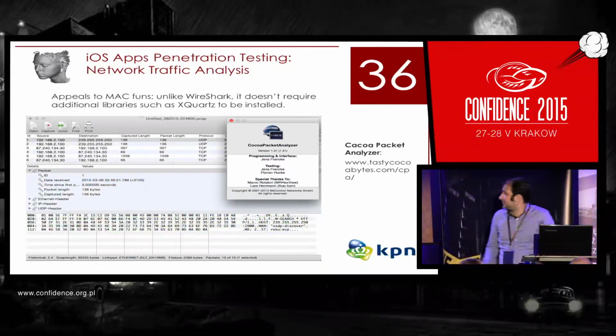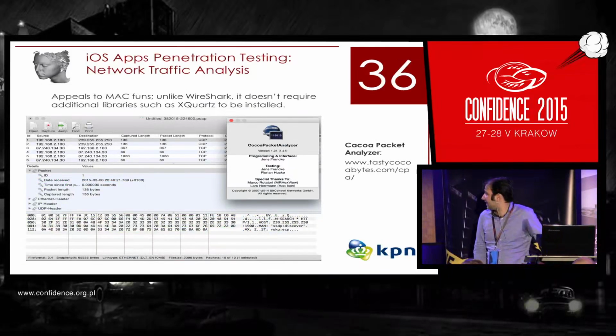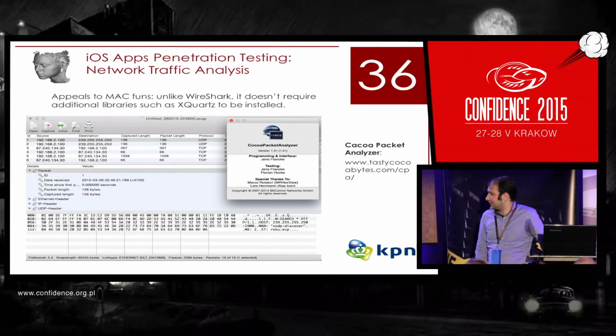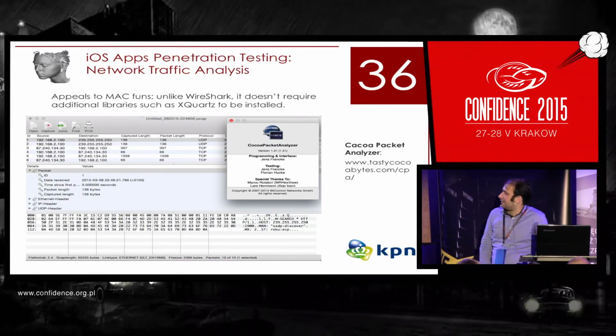It's also interesting to have a packet analyzer. It's newly, recently implemented, a packet analyzer, so you don't need to install a lot of packages to be able to run it on Mac iOS environment.